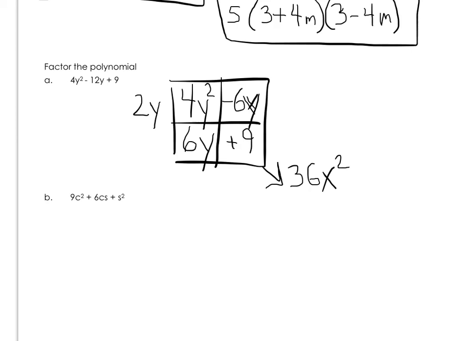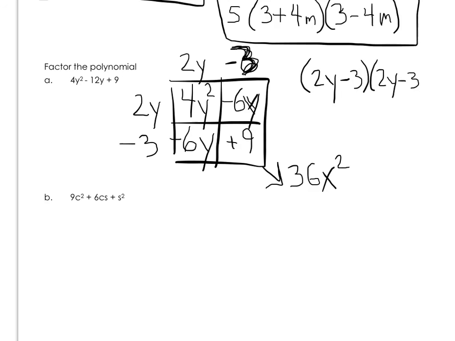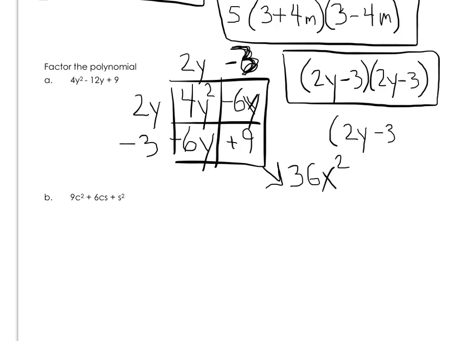GCF is 2y. 2y times 2y, 2y times negative 3. So what we end up with is 2y minus 3, 2y minus 3. Okay, if you're checking answers in the book, they might shorthand that a little bit and say, okay, since it's 2y minus 3 times 2y minus 3, that's 2y minus 3 squared. Okay, on a test or a quiz, either one of those is really okay with me.